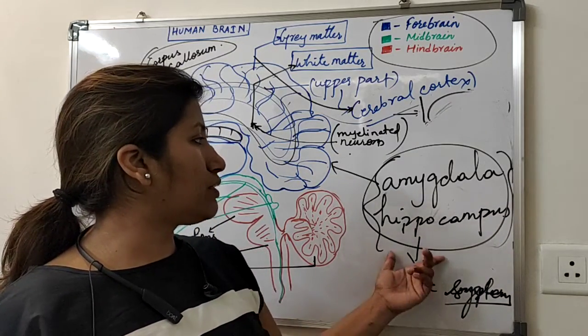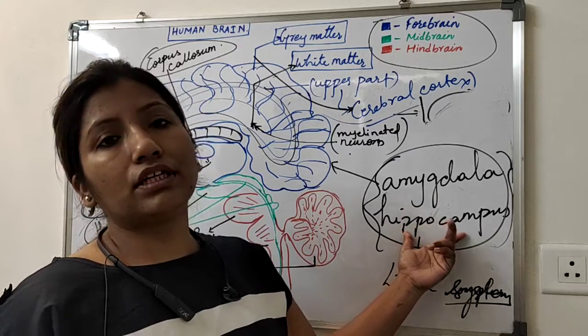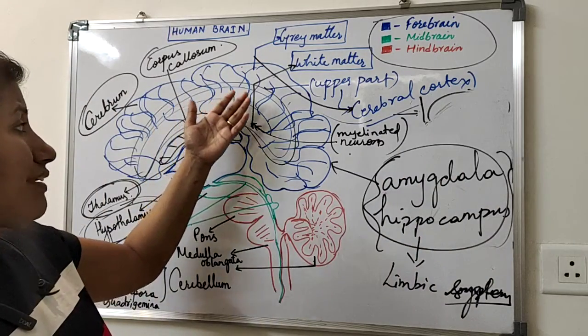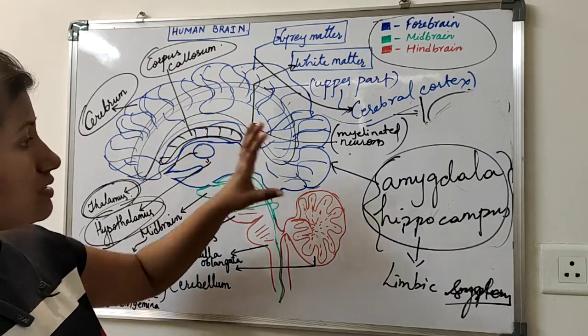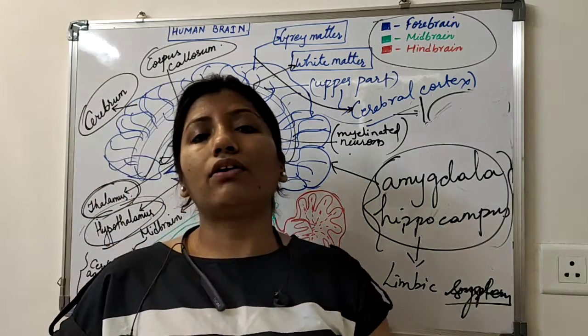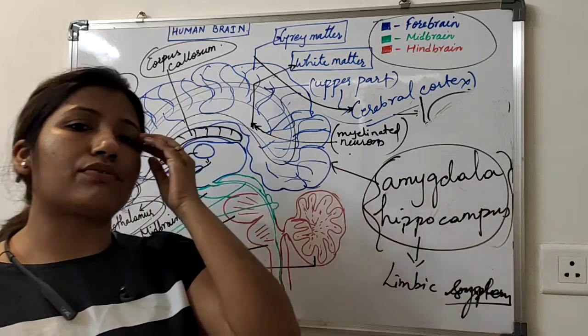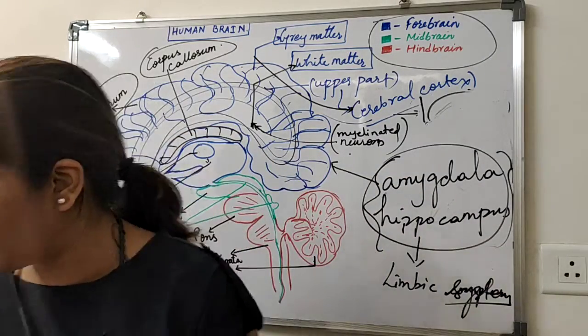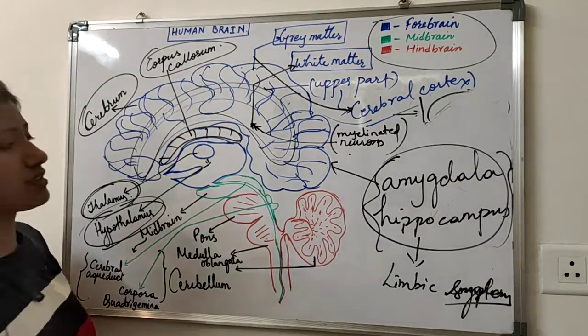The limbic system includes the amygdala and hippocampus, whose location is not discrete, but they are located within the forebrain only. And they also show the sexual behavior; the urge of sexual behavior is shown by the limbic system.